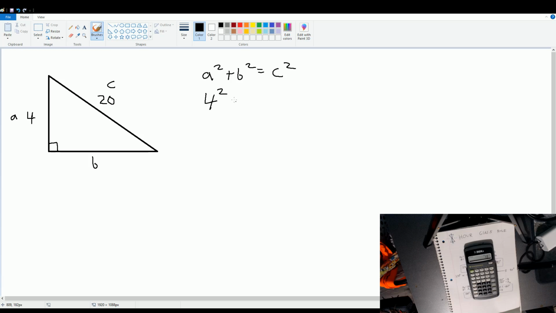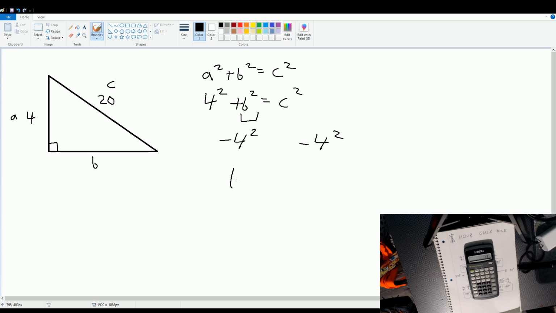4 squared plus b squared is equal to c squared. B is our unknown value, so we want to get it all by itself. We can do this by subtracting 4 squared from both sides of the equation.